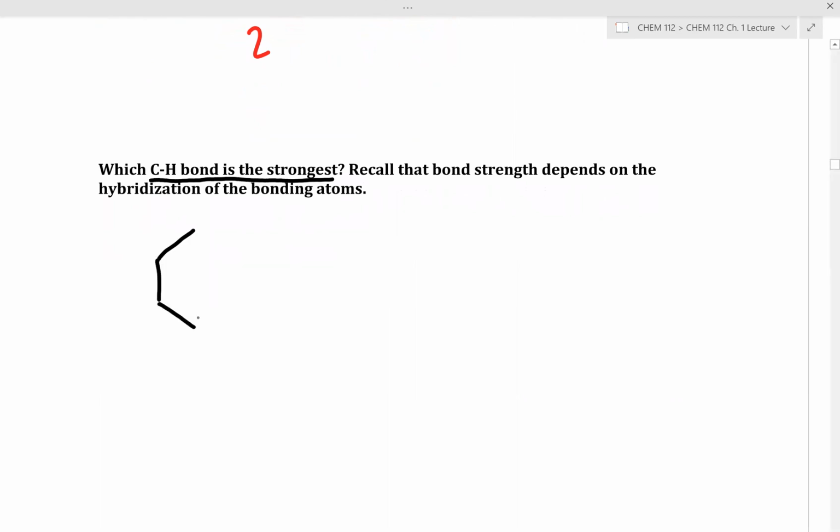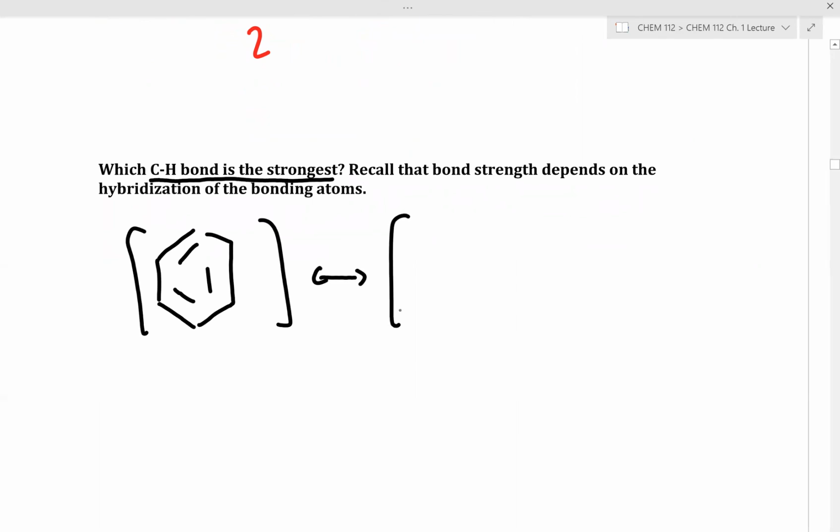Looking at benzene, we have the following 2 resonance structures at play here. We've agreed upon these resonance structures, right? We've done that in the previous example.